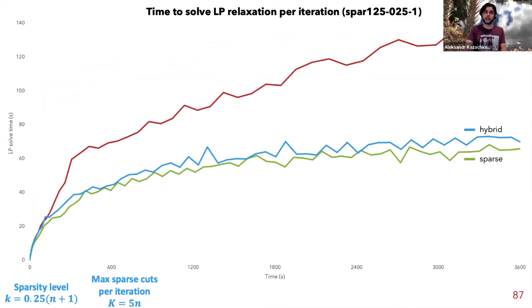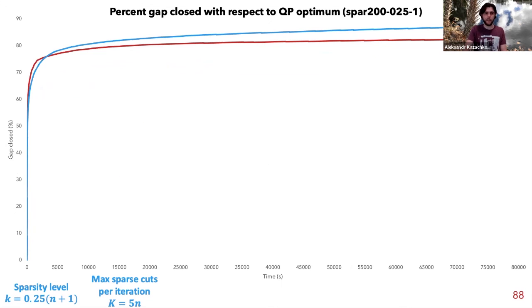Hybrid does slow down a little bit compared to sparse, but not significantly, because we only use these dense cuts for about the first minute of the problem. We tested our technique against not just spar 125, but we actually generated instances of BoxQP that have not been tested before. We generated larger instances with 200 variables, and we saw the same performance.